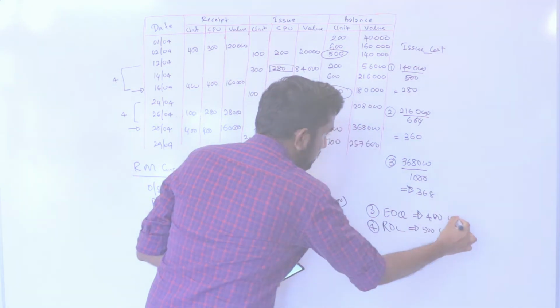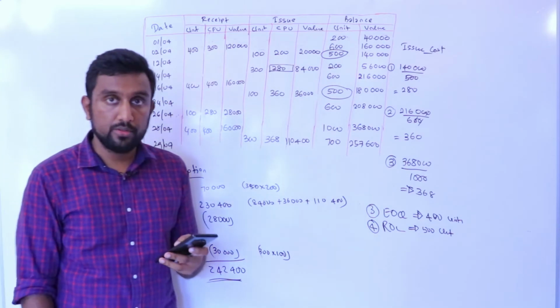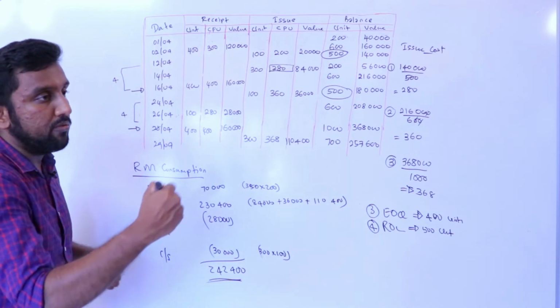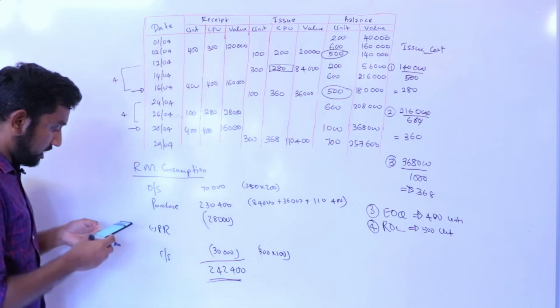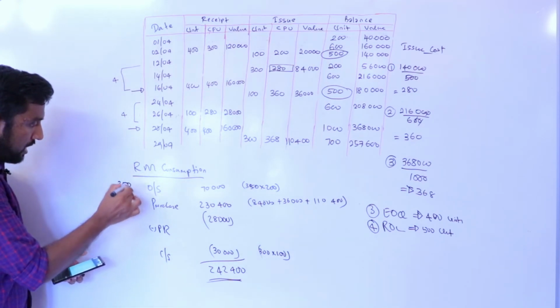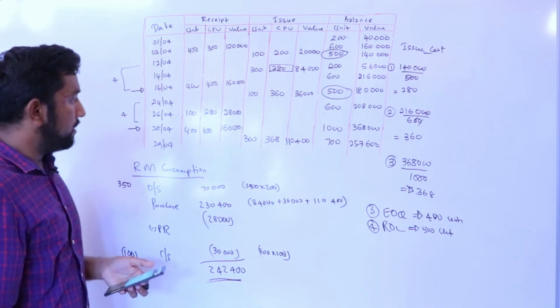These are units, right? Fifth question is average raw material consumption, units and values. We already have the total consumption 240,400. I have to find the total consumption in units first, right? So what is my opening stock in units? That is 350, and closing stock units is 100, which is given in the additional information. I have to find the purchase.